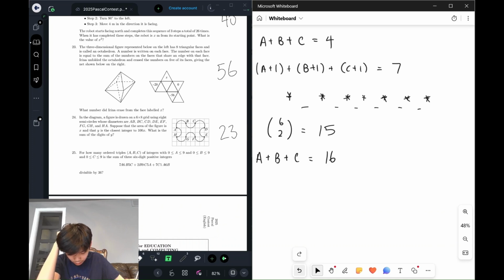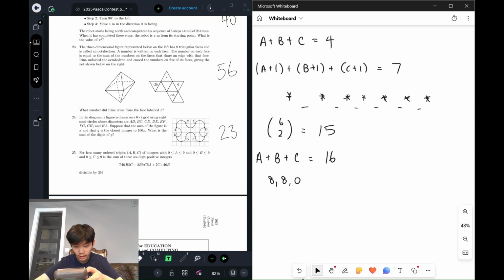Let me first test if this actually works. If we have 8, 8, 0. I just want to make sure I didn't do anything wrong before doing this calculation. So I'm going to use my calculator. 7, 8, 6, 8, 5, 0 plus 2, 8, 9, 0, 5, 8 plus 7, 0, 1, 8, 6, 8.